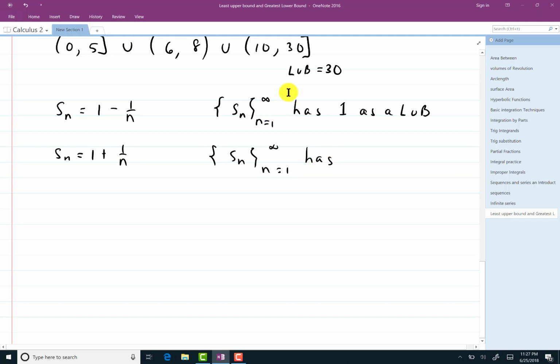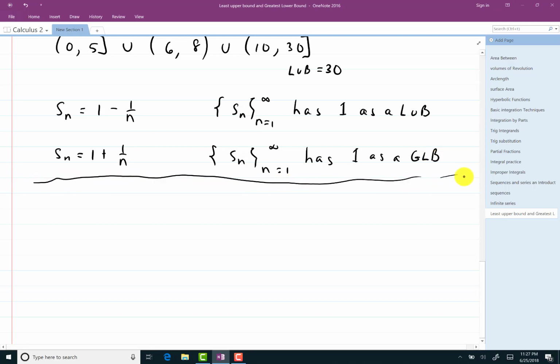So this set, this is a decreasing set. This is going down to 1. So it has 1 as a greatest lower bound. Just keep in mind that the greatest lower bound and least upper bound are analogs. One happens at the top and the other happens at the bottom.